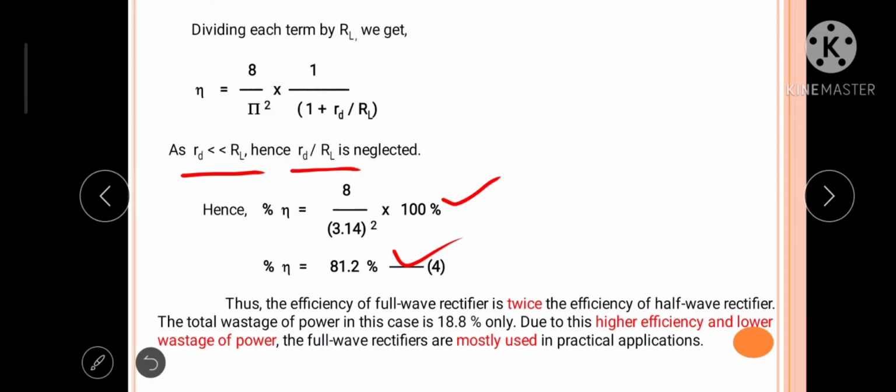The total wastage of power in this case is 18.8% only, and due to this higher efficiency and lower wastage of power, full wave rectifiers are mostly used in practical applications, whereas half wave rectifiers are never used in practical applications.